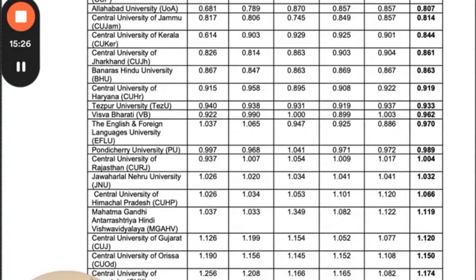So the representation in Central University of Tamil Nadu was very less initially, but now it has increased to 1.001. This is actually good according to me, but the reasons why the seats were not filled up should be examined. We need to see why the seats were not filled up earlier on in 2015, and in 2019 they are getting filled up.